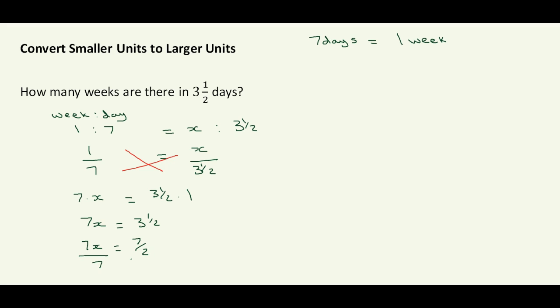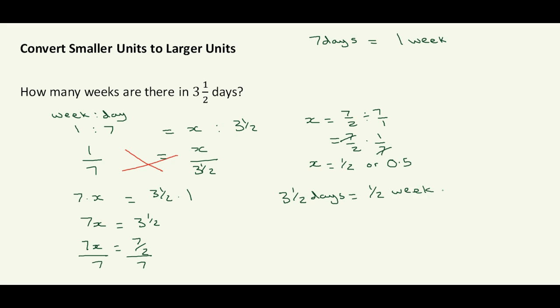Now we divide both sides by 7. So we have x is equal to 7 over 2 divided by 7 over 1. So now we have 7 over 2 times 1 over 7. So the 7 crosses out. So x is equal to 1/2, or we can say 0.5. So 3.5 days is equal to a half week, or 0.5 of a week.